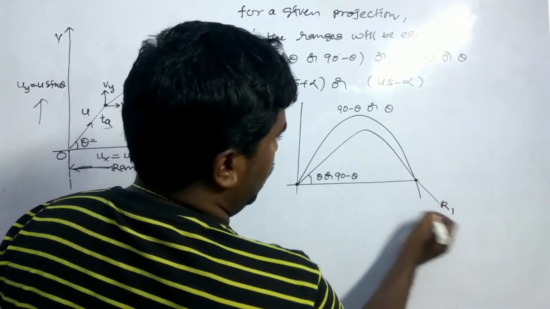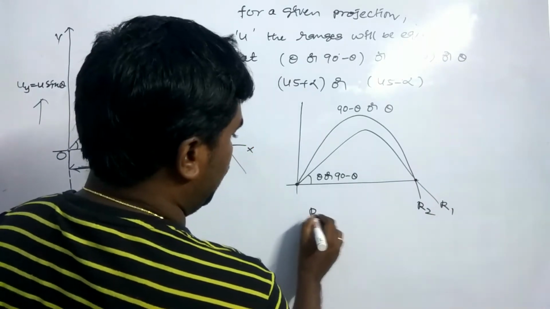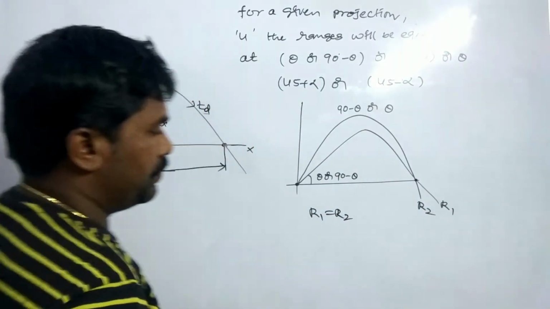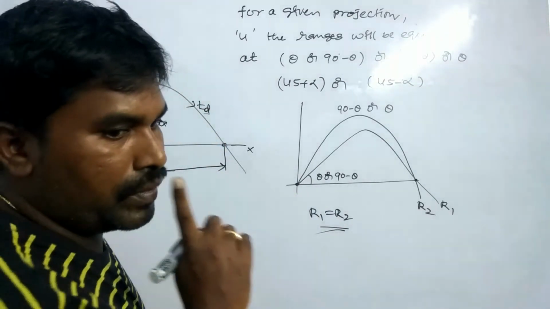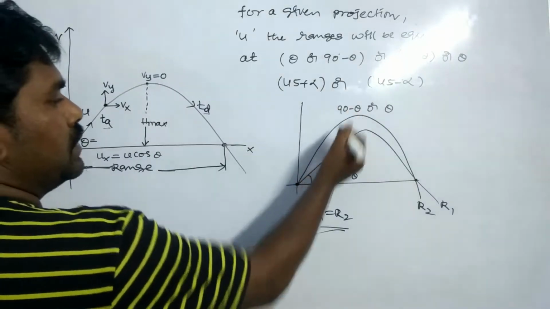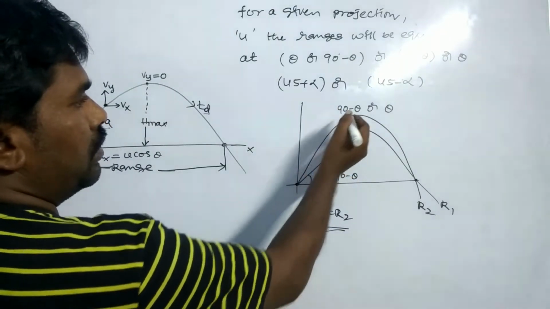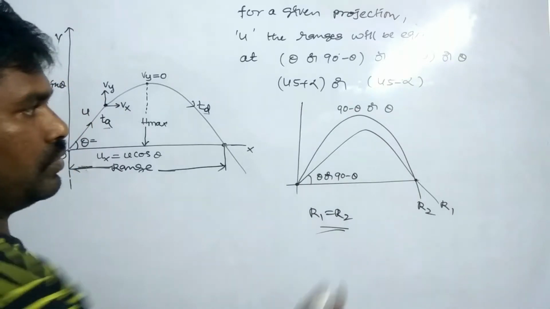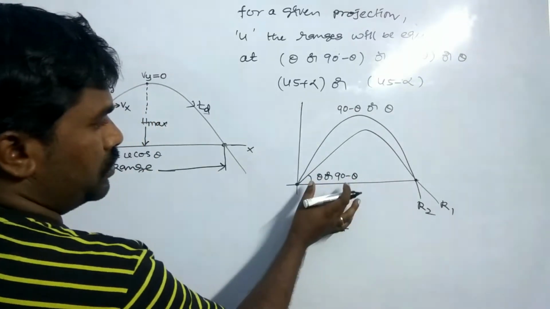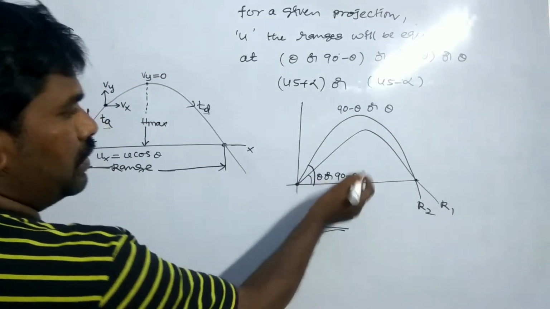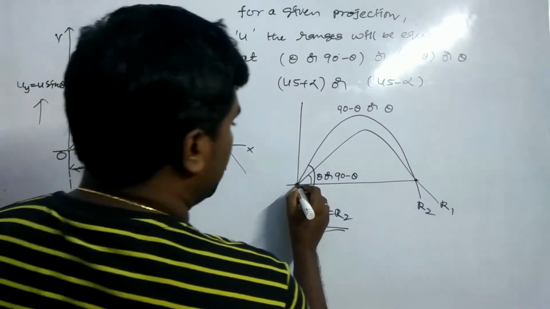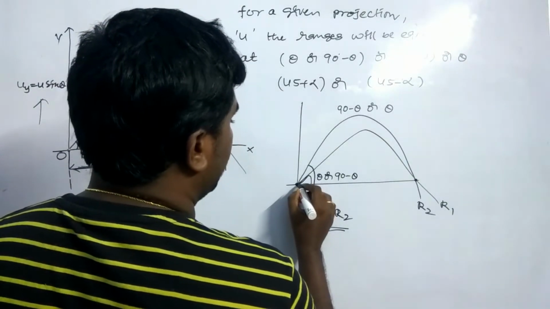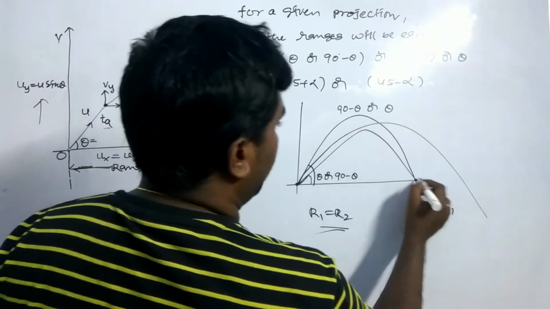This is R1 and this is R2, where R1 is equal to R2. Whenever we project the projectile with angle theta or 90 minus theta, both reach the same range, and if we project at 45 degrees, it reaches the maximum range.